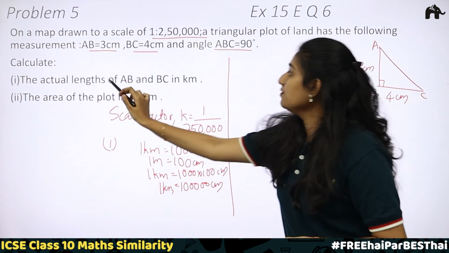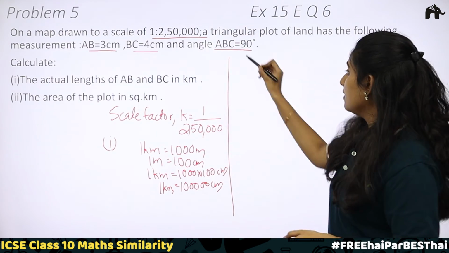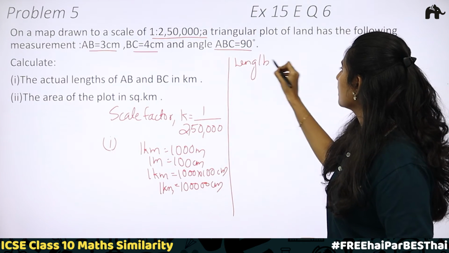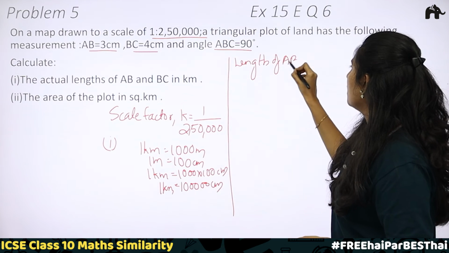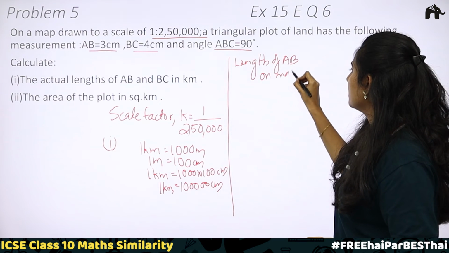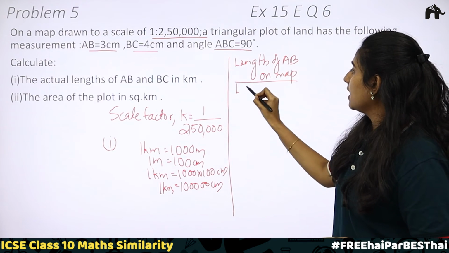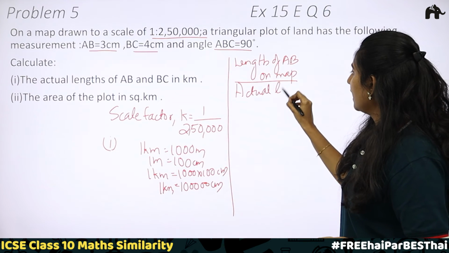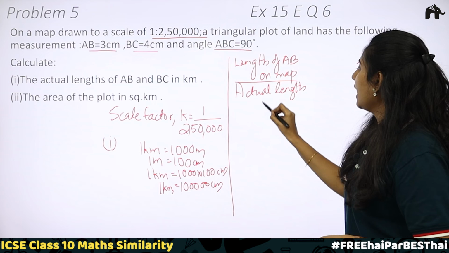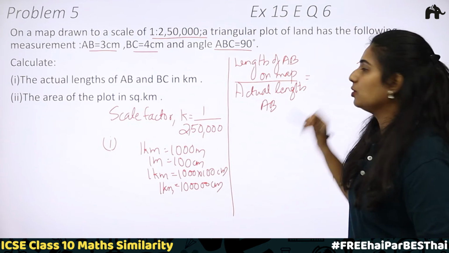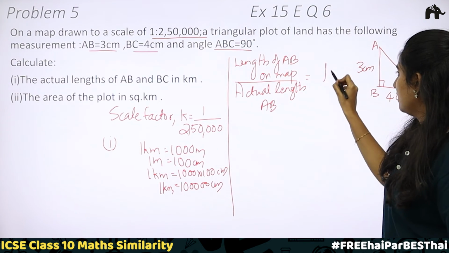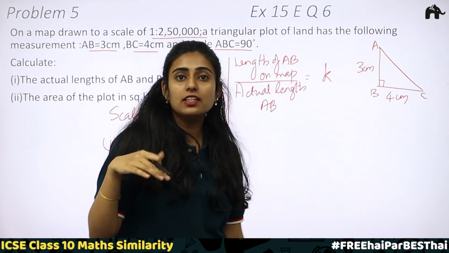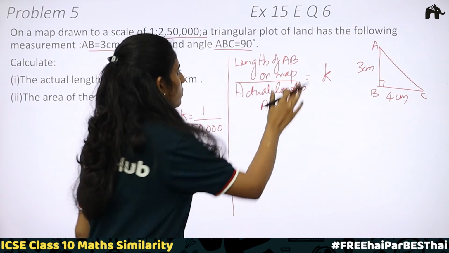Now, in order to find the actual length of AB, we have length of AB on map divided by actual length AB equal to the scale factor K. We have studied that the length of model divided by the length of original will be equal to scale factor.